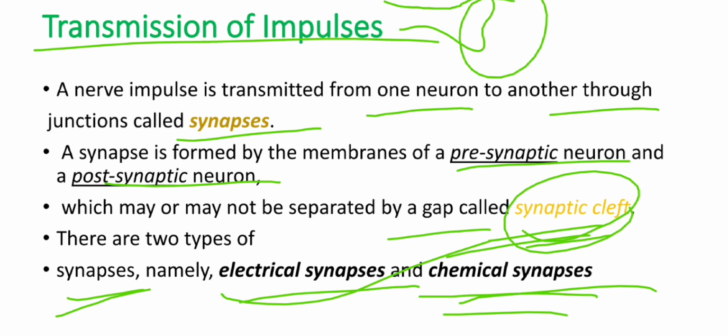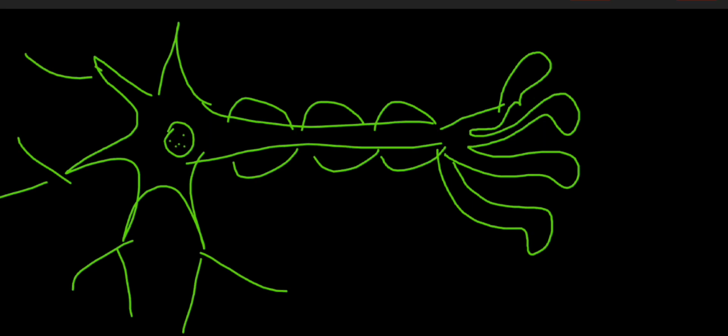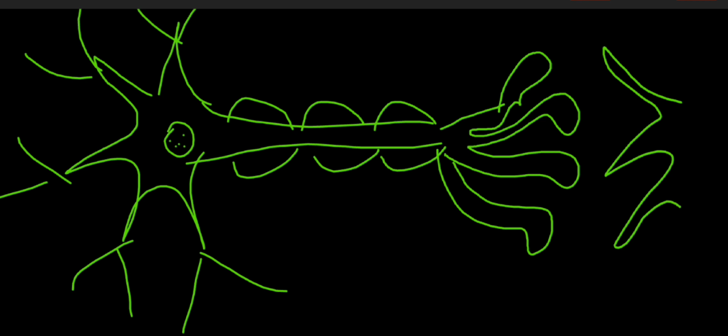So let's see. I draw one neuron for you all, and this has terminals like this. This is our axon. These are dendrites like this. Here, similarly, there will be another one, and this will continue.